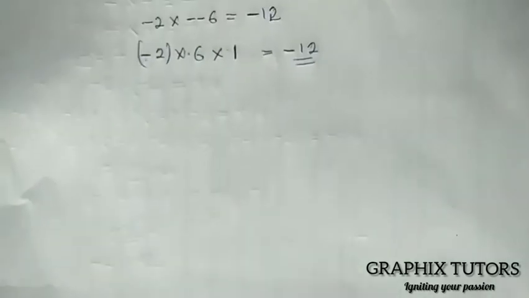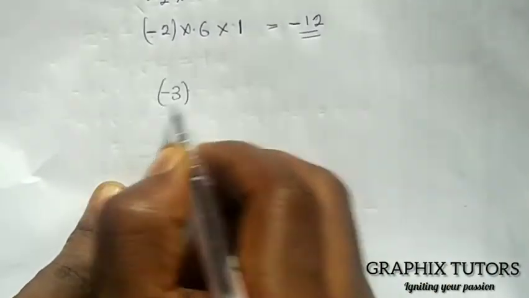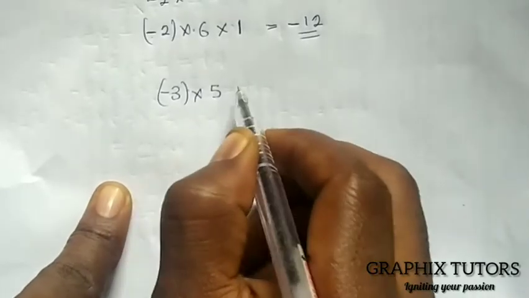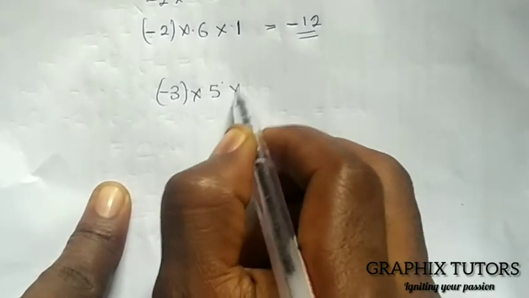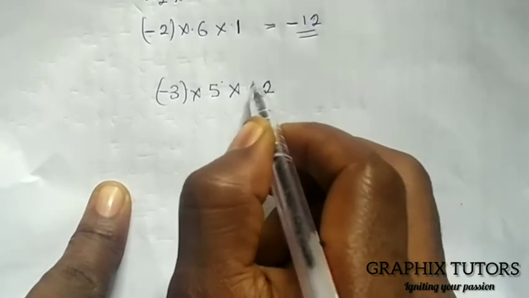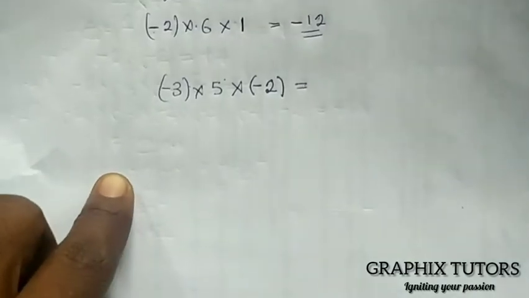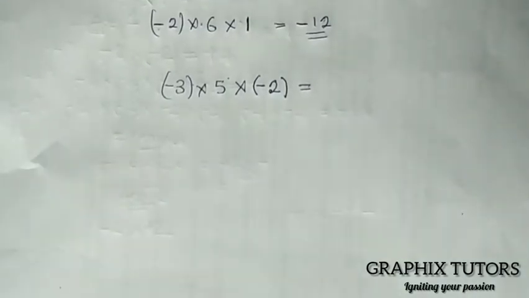Now you can pause the video and try this on your own. Minus 3 times 5 times minus 2. What is our answer? You can pause the video and tell me what the answer of that is. Okay, thank you.